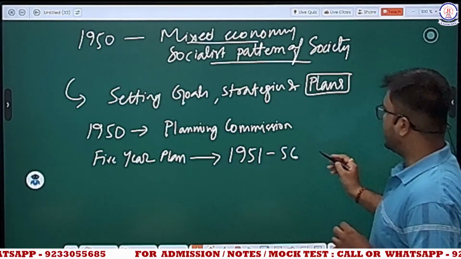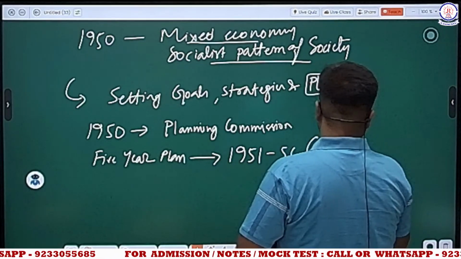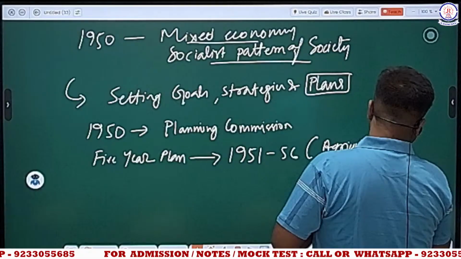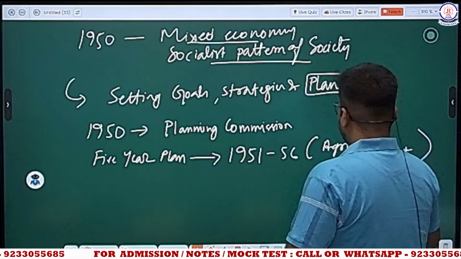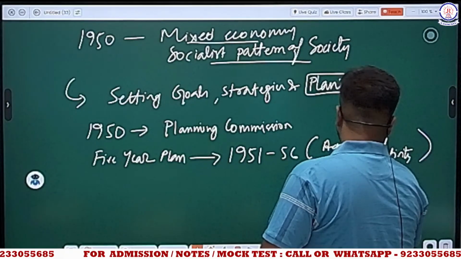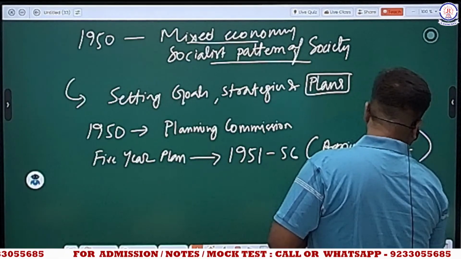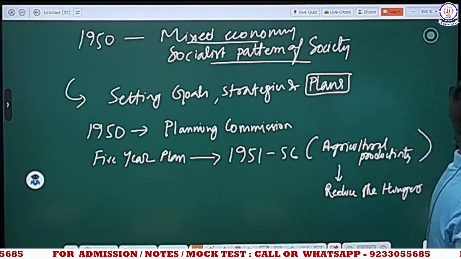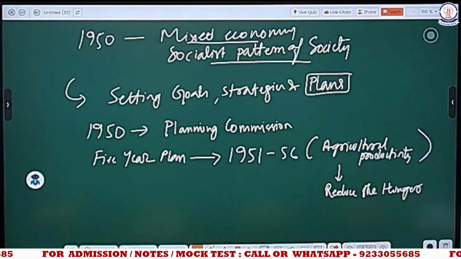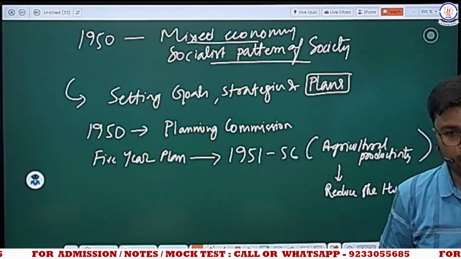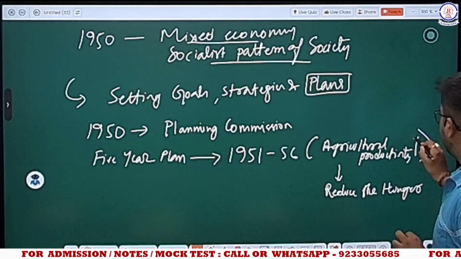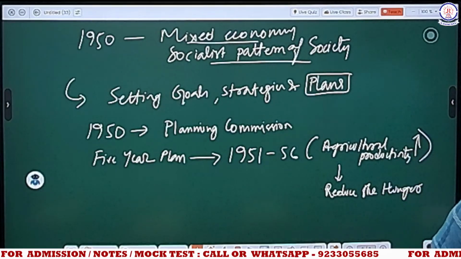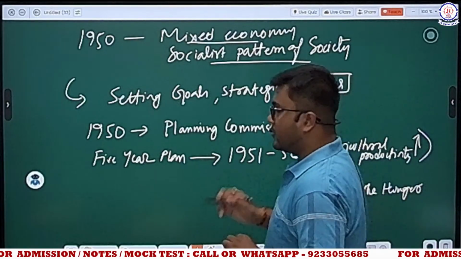In this 5-year plan, more importance was given to increasing agricultural productivity, mainly to reduce hunger. At that time, India was suffering from a lot of famines. The population was greatly deprived of food. So increasing agricultural productivity was the main target of the government in the first 5-year plan, that is 51 to 56.